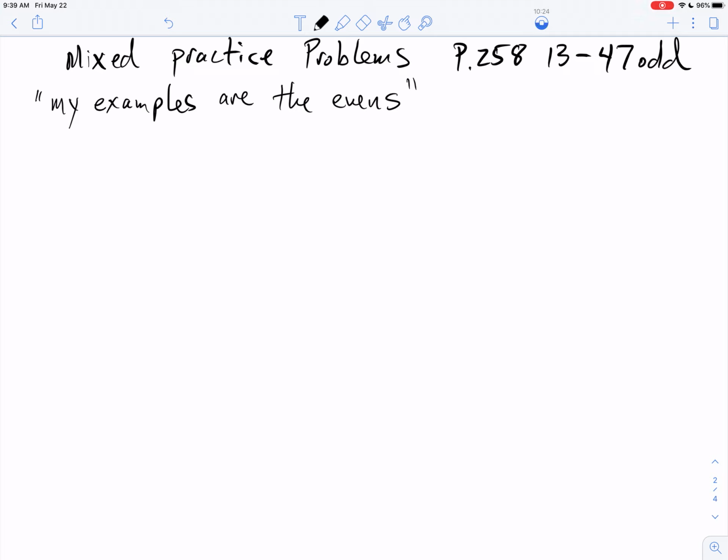I'm going to do some of the evens for examples. I'm going to show you, like for example, problem number 14. It says y equals sine inverse -1.